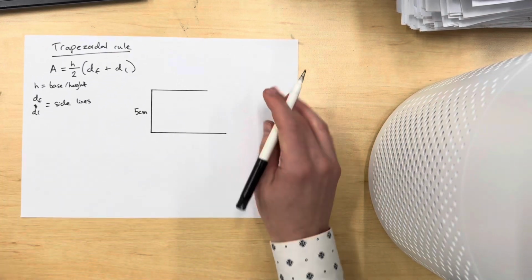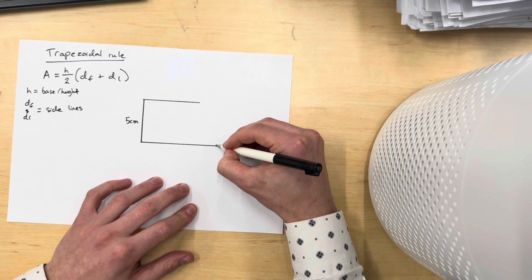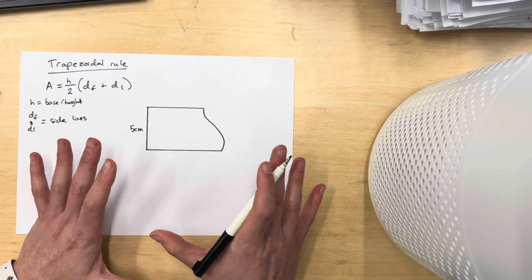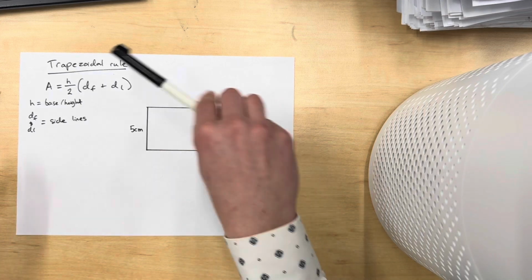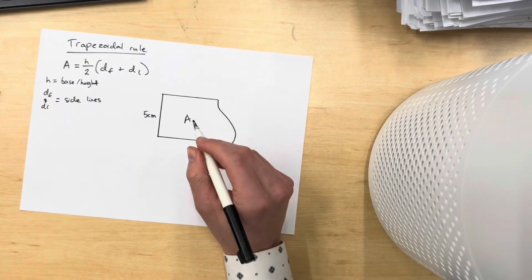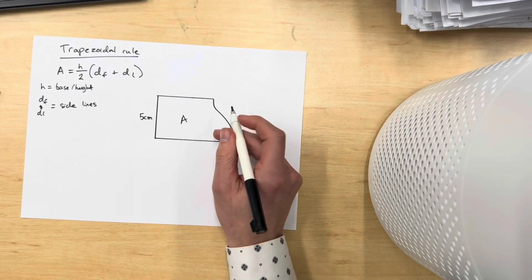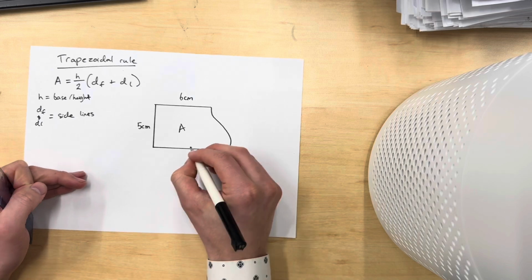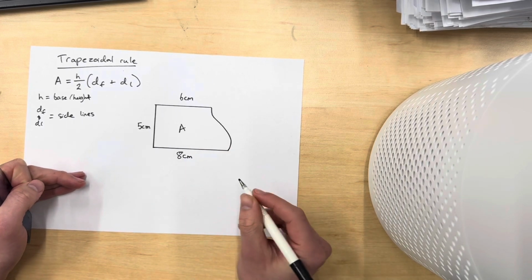And with this one, let's just say it curves in like that. So effectively with this rule, what we're doing is approximating the space or the area here, which is what we want. Now, I said this was 6 centimeters, and this is 8 centimeters, okay?